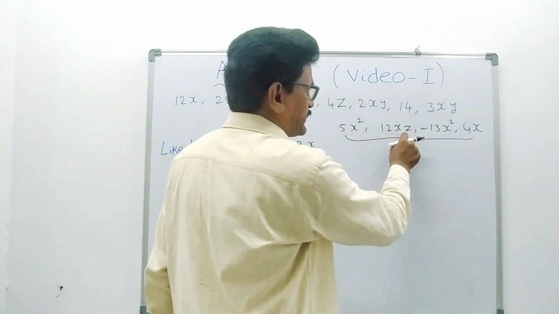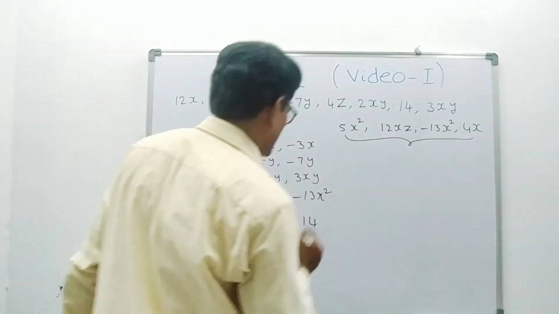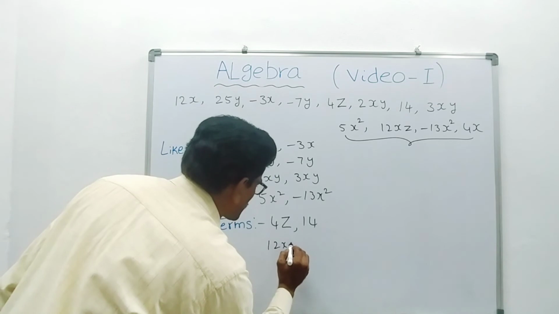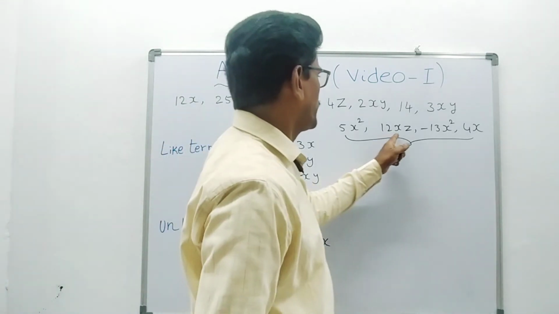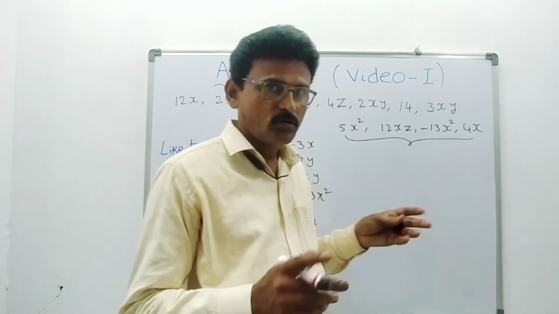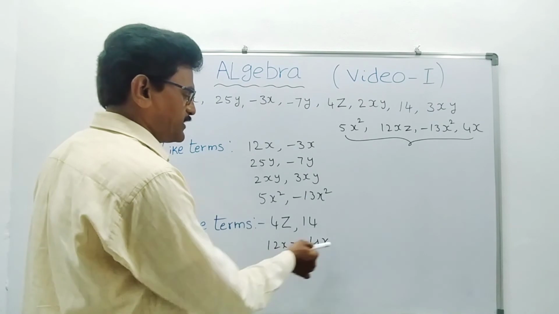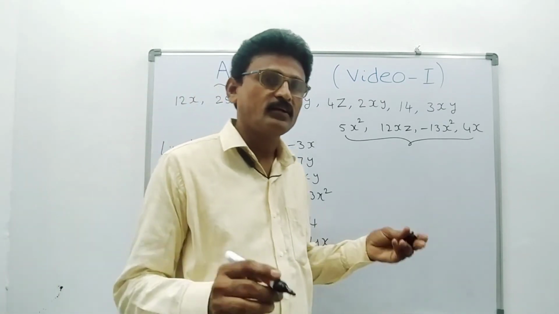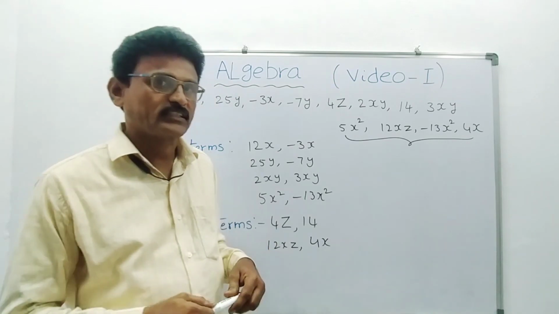Now 12xz, is there any term like that? Here 4x, these two are different. So 12xz and 4x are unlike terms, because they have different literal coefficients. Here xz, here x. Right? I think you understand.